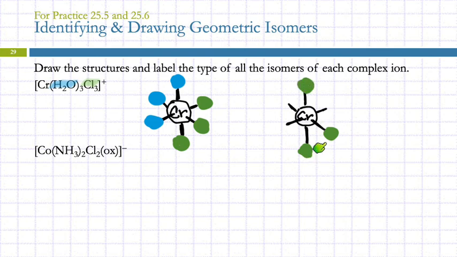So this is a meridian, an arc around the metal ion. And then the water molecules are out here. When there's 3 and 3, now they're both forming meridians. Right? So we're supposed to label the type. So this was the face, and this is the mer. Any questions?